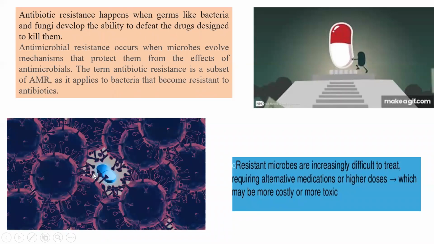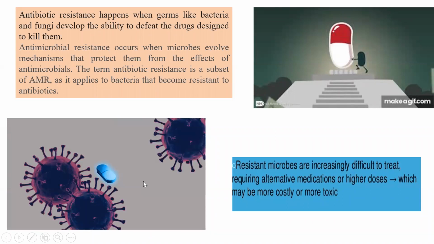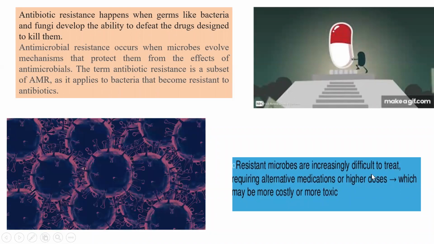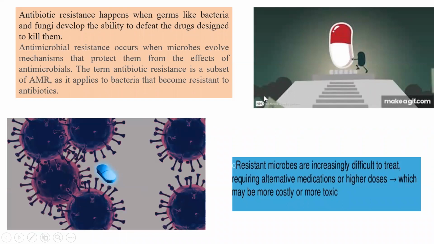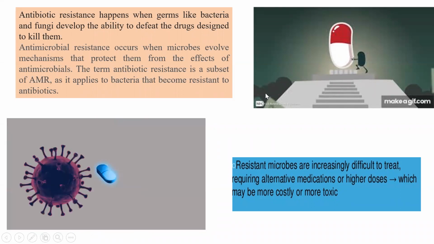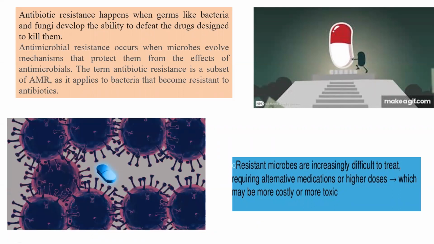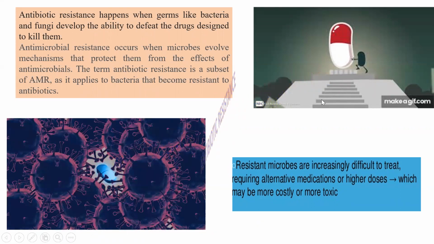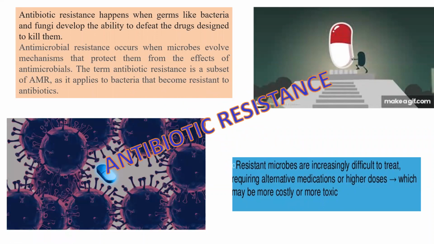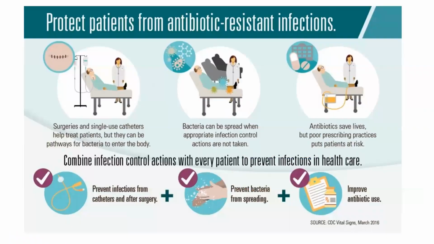So here we can see the microbes are not killed by the drug. The resistant microbes are increasingly difficult to treat, requiring alternative medications or higher doses, which may be more costly or more toxic. So antibiotic resistance is really a headache for the health sectors.